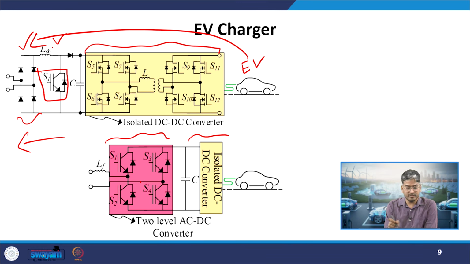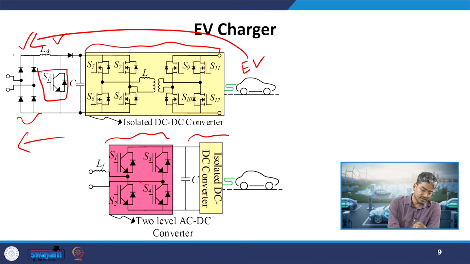So, I want the power to flow back into the grid. This is called vehicle to grid operation. In the normal mode, the power transfers from the grid to vehicle, so it is called grid to vehicle mode.